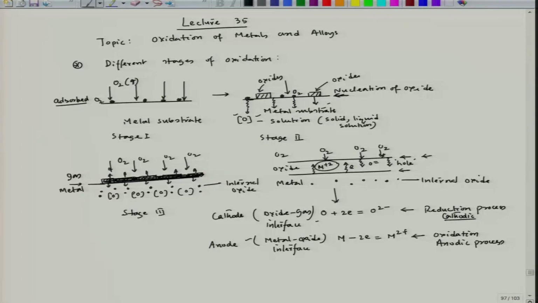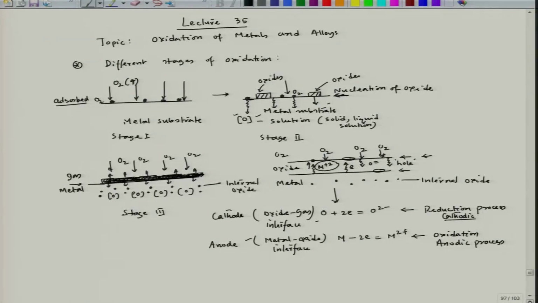Now, this oxide has to grow, it can grow over this surface or it can grow over this surface, depending on which one is diffusing faster. Now, if metal ion diffuses faster than oxygen ion, it can reach this interface before oxygen ion pushes through this particular oxide film.